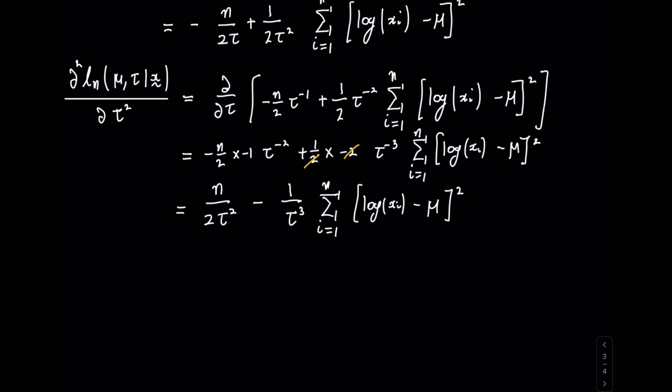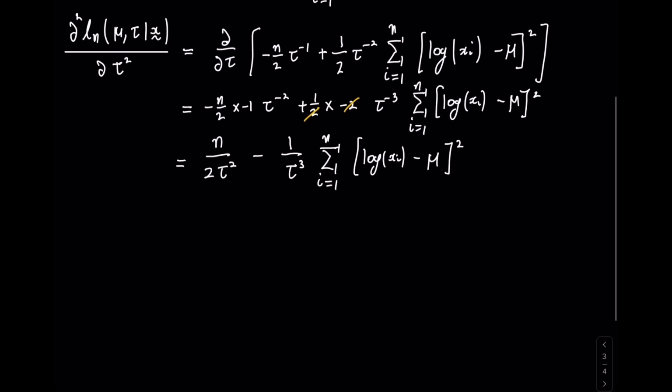Finally, we also need to compute one other derivative, which we need to prove that the maximum likelihood has been achieved. And that is the second derivative of the log likelihood function. In this case, we're going to differentiate with respect to mu and with respect to tau.